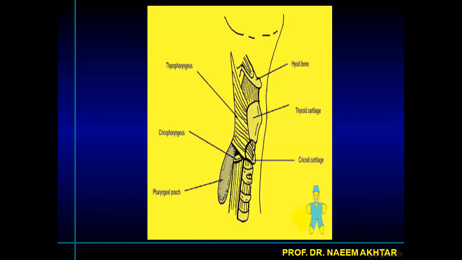In this figure, you can see that there are two parts of the inferior constrictor, thyropharyngeus and the cricopharyngeus. In between these two parts, there is a weak area through which the pharyngeal mucosa may herniate, producing pharyngeal pouch.